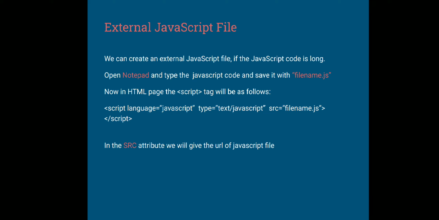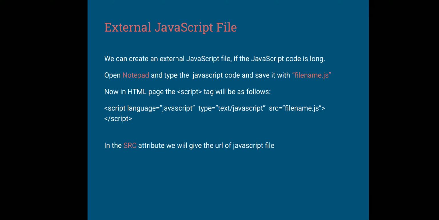To create an external JavaScript file, we need a simple text editor like Notepad. Open Notepad, type the JavaScript code and save the program with the .js extension.